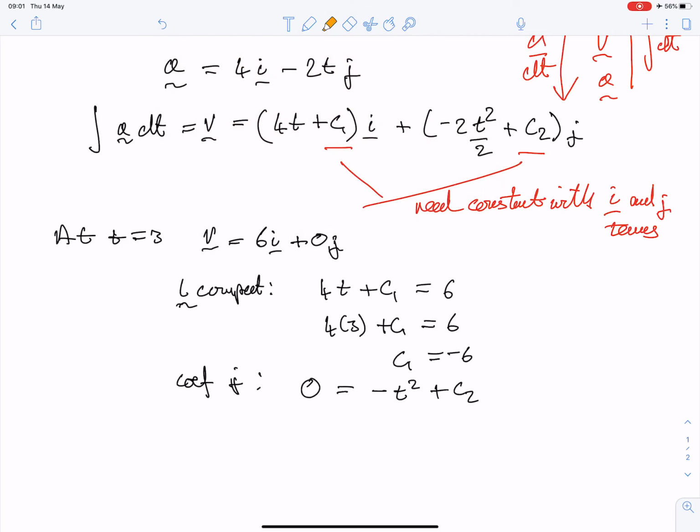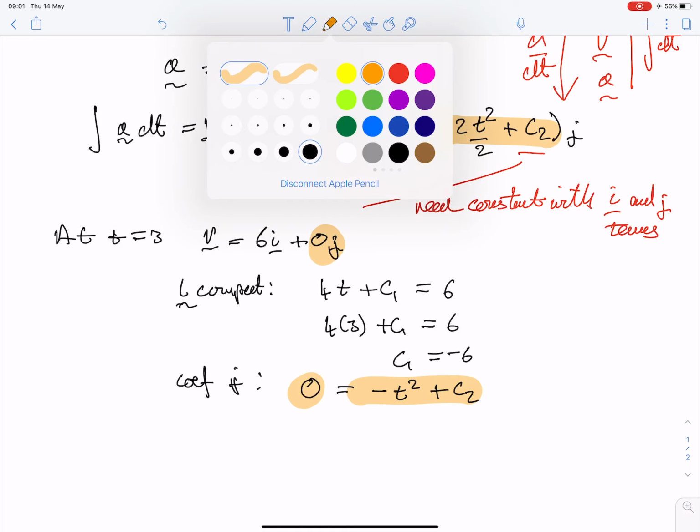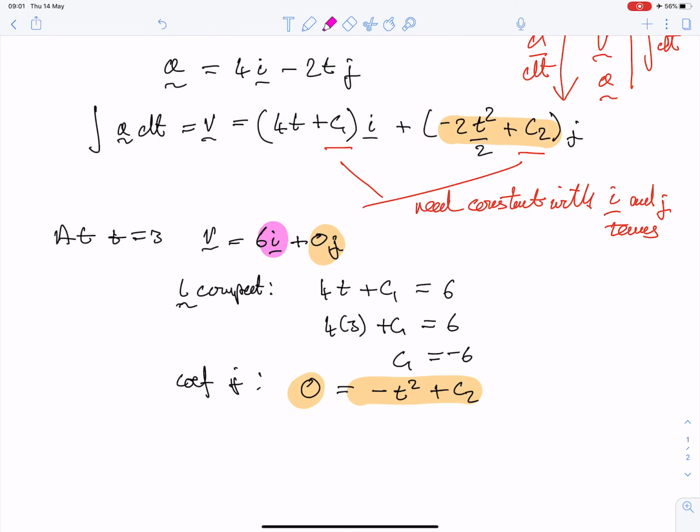The j component, 0, gives us that. I'm just going back one step further. The i component is going to give us that. I hope that's clear.